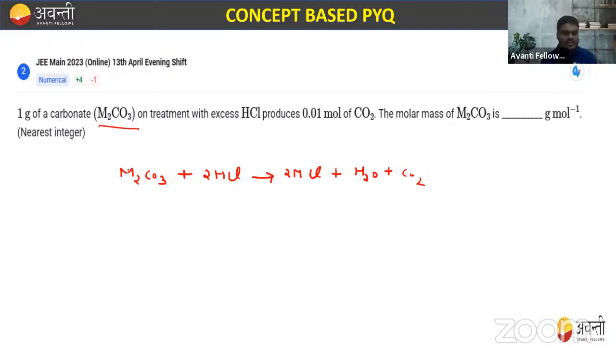Now from the problem we know that 1 gram of carbonate produces 0.01 mole of CO2. Right. So we can write as 1 mole of M2CO3 produces 1 mole of CO2.